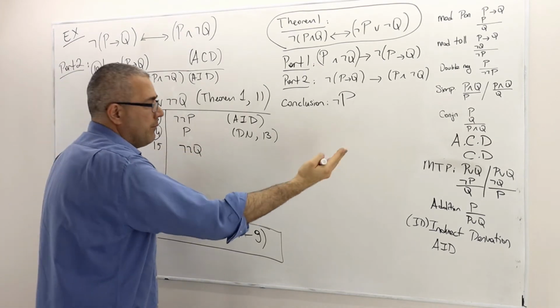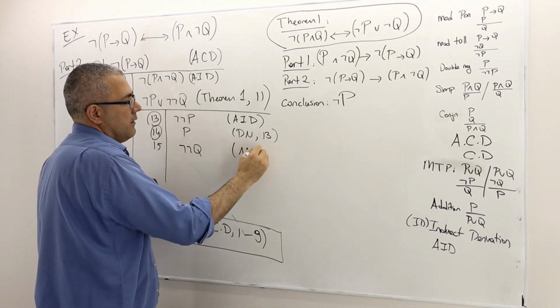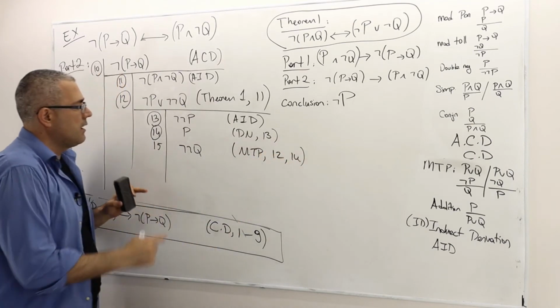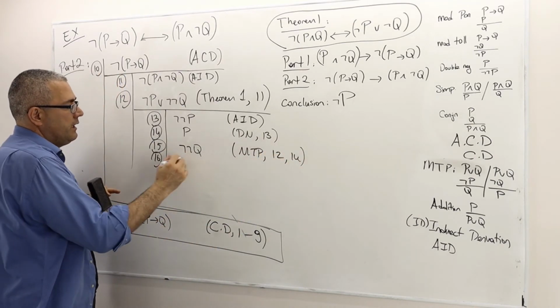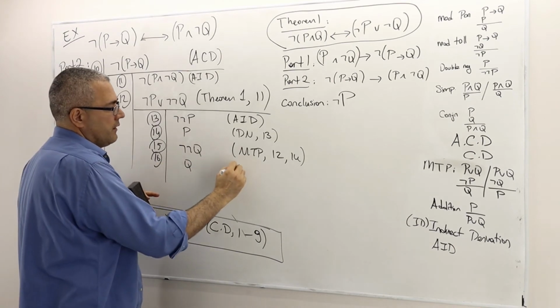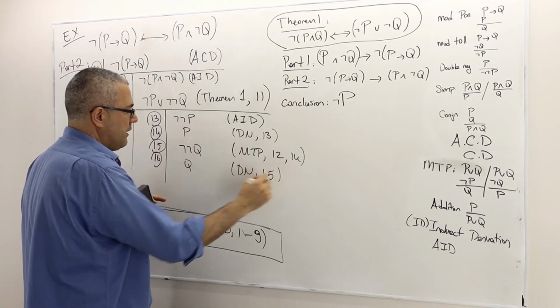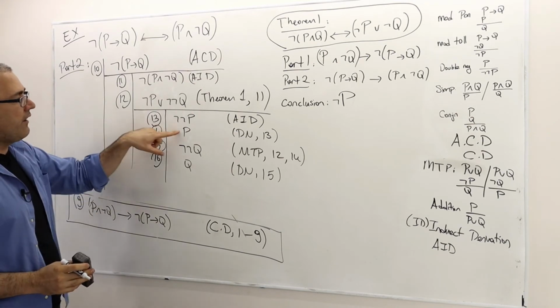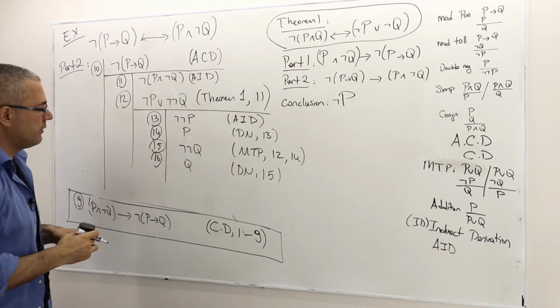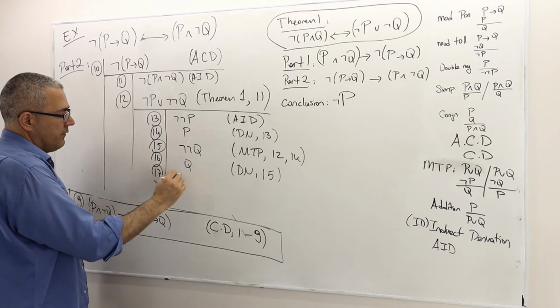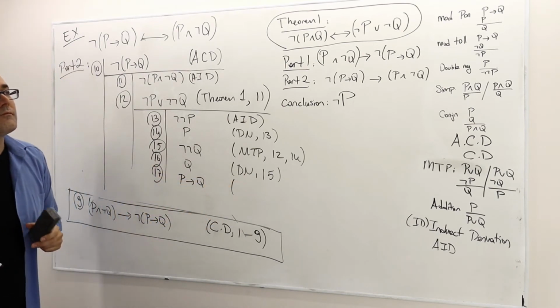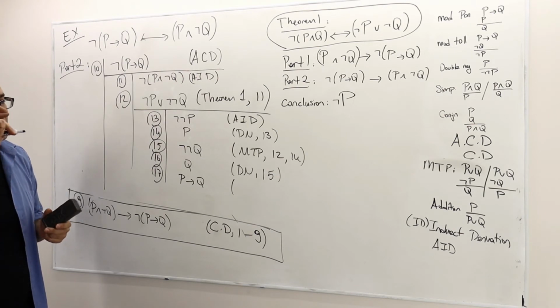Well, this is MTP of line 12 and 14. So line 16, this is equivalent to Q. This is double negation of line 15. So what do I get? Okay, so I have P true, I have Q true, then I have P implies Q true. Is that clear?